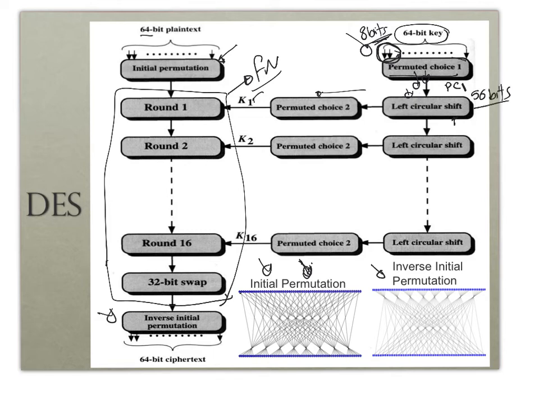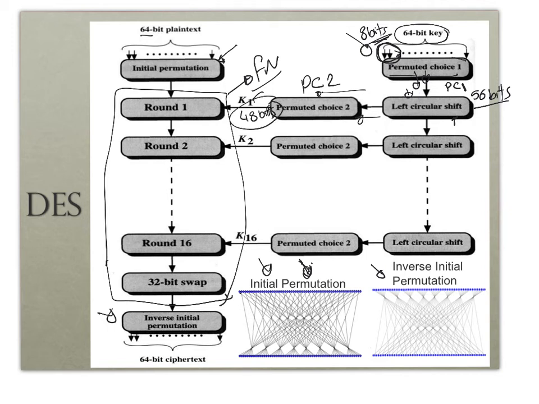And then we do the circular shift. The circular shift is basically you shift the bits one location or two locations to the left or to the right or something like this. That's all you need to do. And then you do another permutation, which again plays on the bit level. This is another permutation with contraction too, and it produces 48 bits.